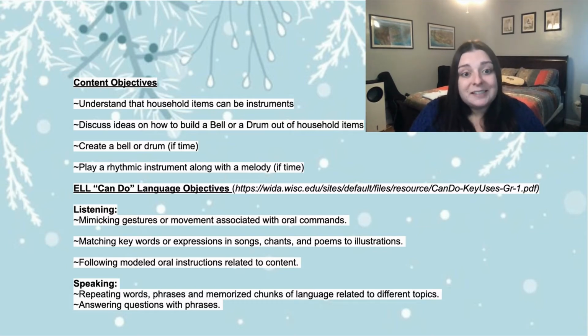We're going to discuss ideas on how to build a drum or a bell out of household items. If we have time, we will create our drum or bell, and we will play a rhythmic instrument along with a melody, which I have pre-recorded.